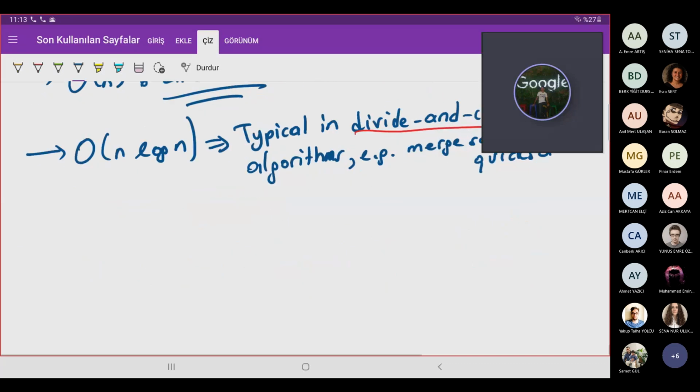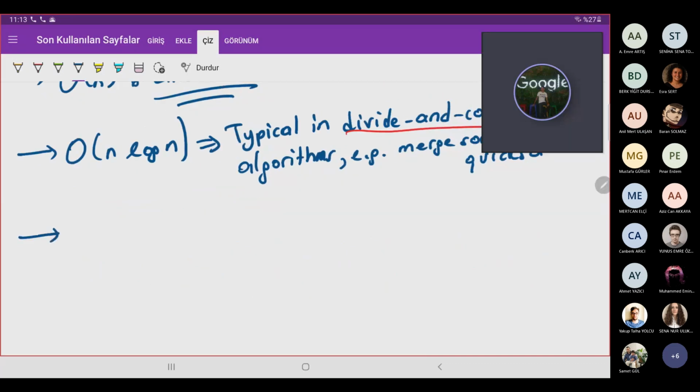Quadratic order is n square. When we say quadratic order, we imply n square.